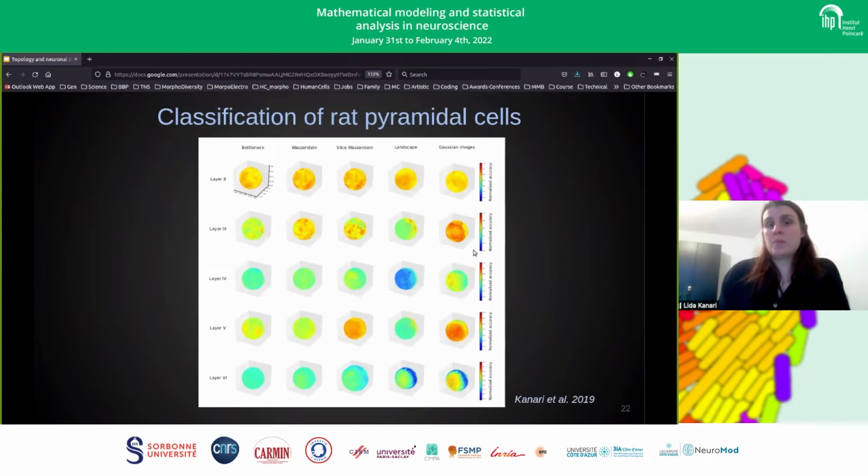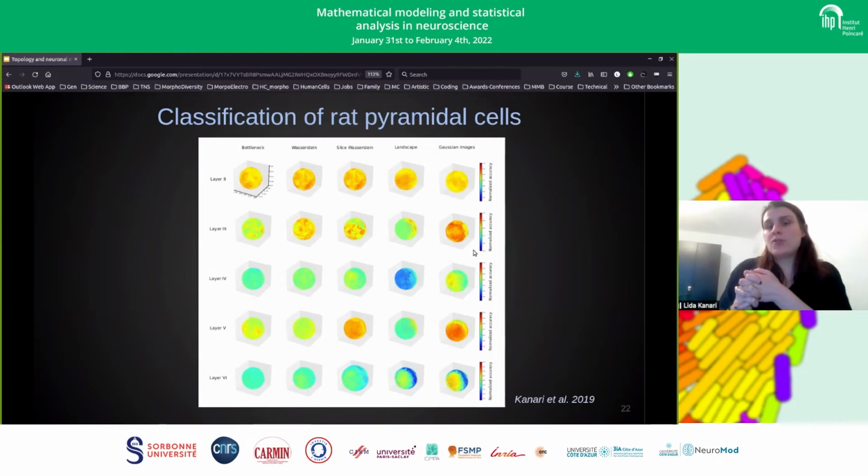Here is a more mathematically interesting example, so you see the different layers. We're trying to classify the excitatory cell types within each cortical layer. But what is interesting is that depending on the distance we use mathematically, we can have a very good classification, or we can have more vague results.